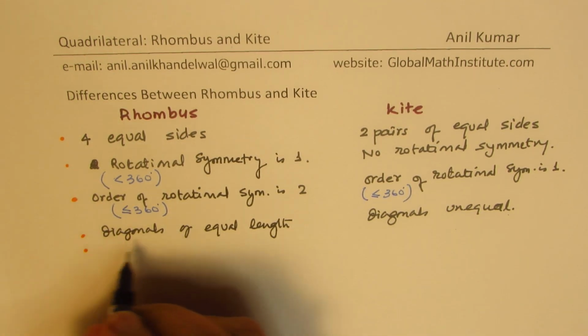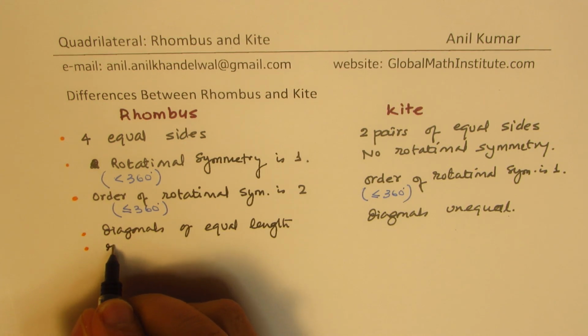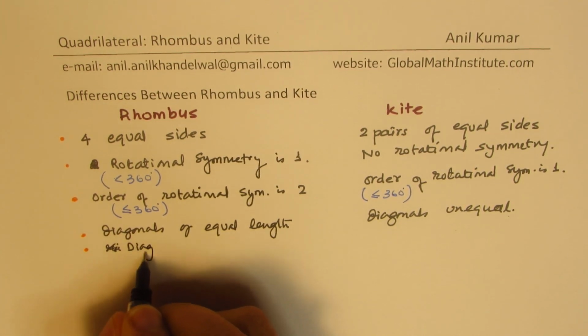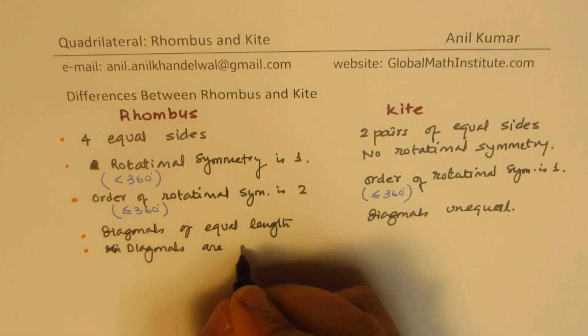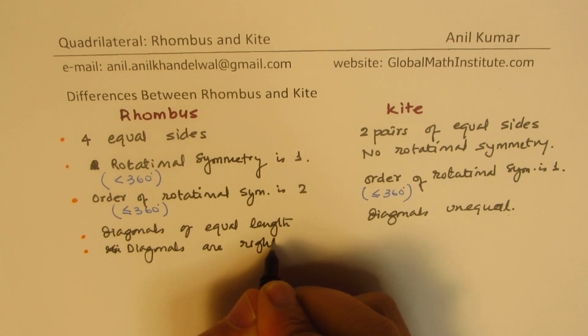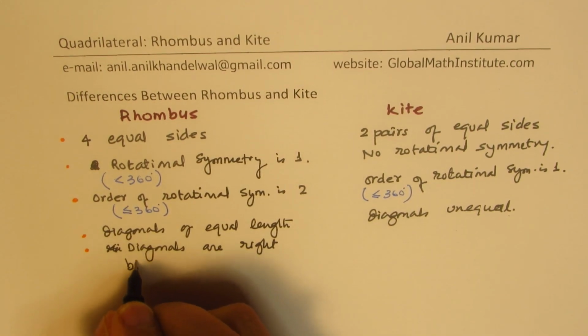For the rhombus, they are right bisectors.